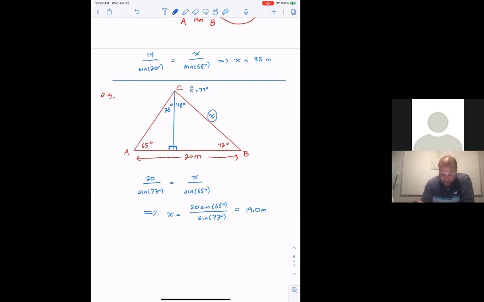So now if I want to use SOHCAHTOA and I want to use, let's say, the 42-degree angle, then it's the opposite that I'm looking for, and I have the hypotenuse. Opposite and hypotenuse is sine.